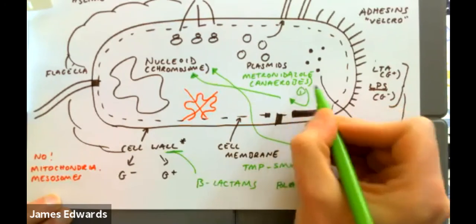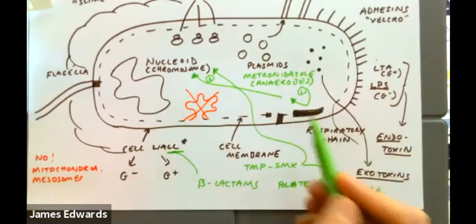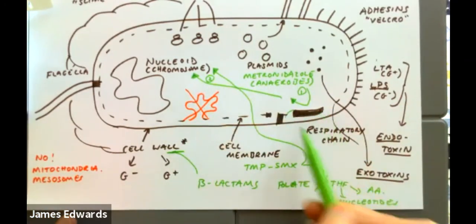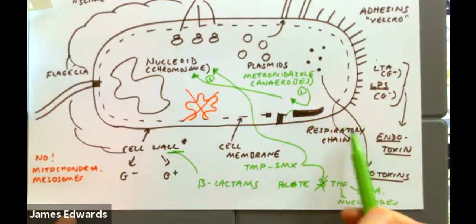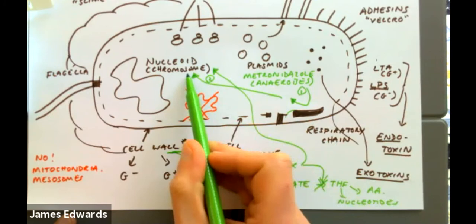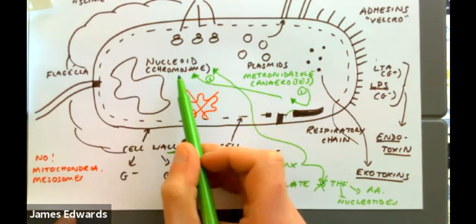So it actually takes place in two parts. Activation at the respiratory chain, which, because anaerobes respire in different ways, is how you selectively target these particular bacteria, and then it damages and destroys the DNA.